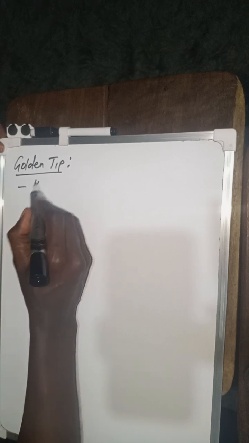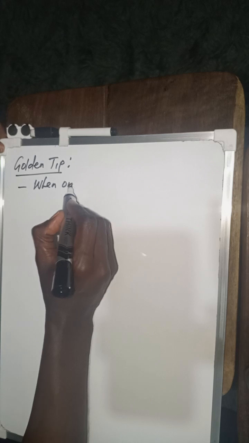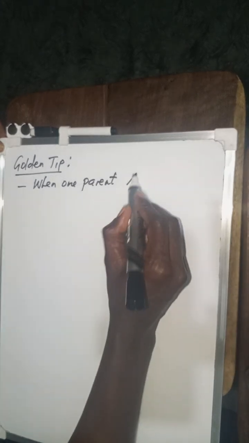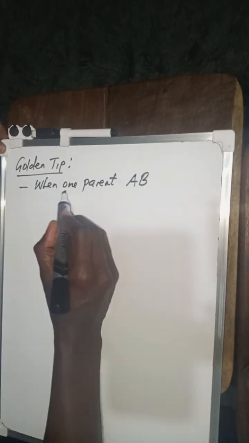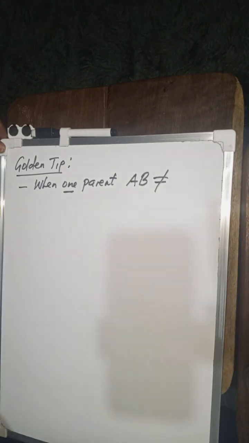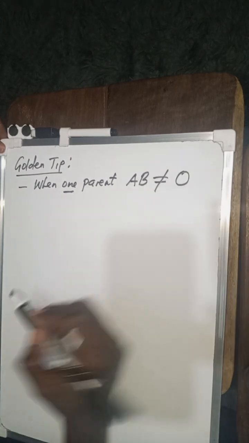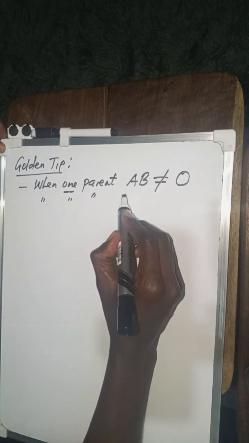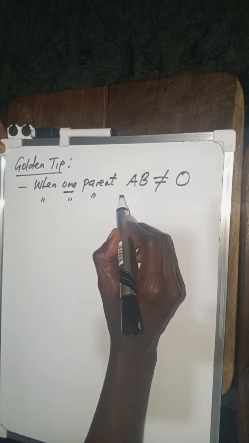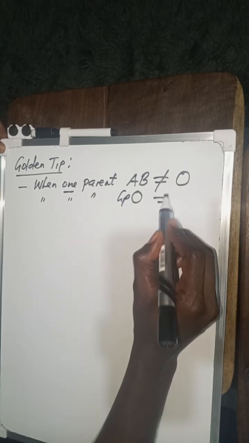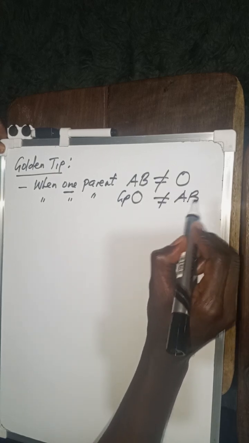When one parent is in blood group AB, this couple cannot have a child who is in blood group O. Or again, if one parent is in blood group O, they cannot have a child who is in blood group AB.